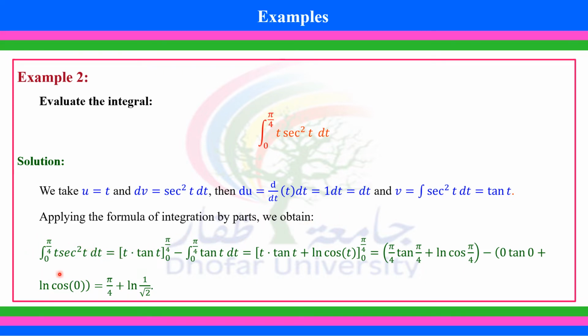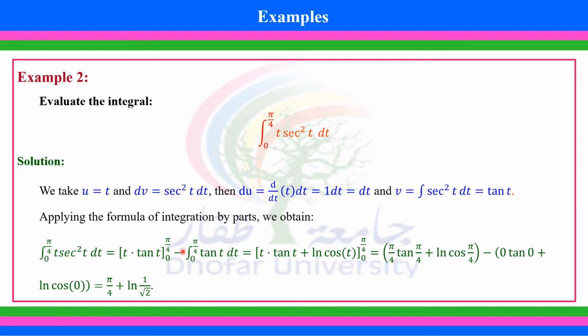So the integral of u dv, which is t secant square t dt, is uv, where u is t and v is tangent of t, minus the integral of v du. v is tan t, du is dt, and we put the limits of integration.